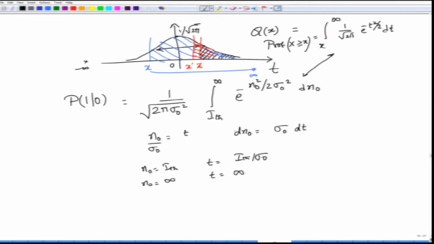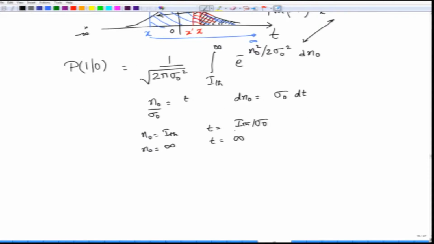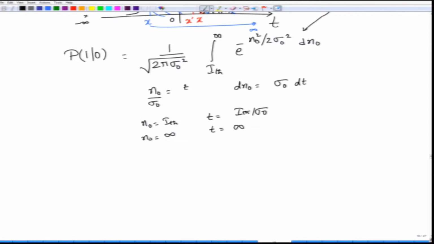Therefore the integral limits will change, okay. So the integral limits will change, and then we can write down over here the expression. So this expression will now become 1 by sigma 0 into square root of 2 pi. I simply pulled this sigma 0 square from this under root to outside, okay, and the integration limits will change.